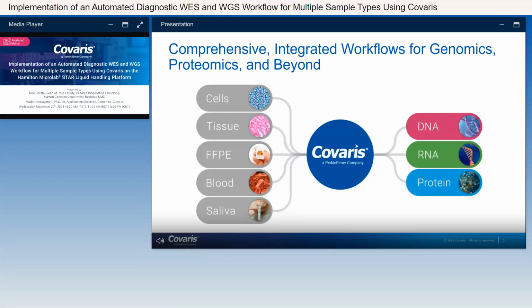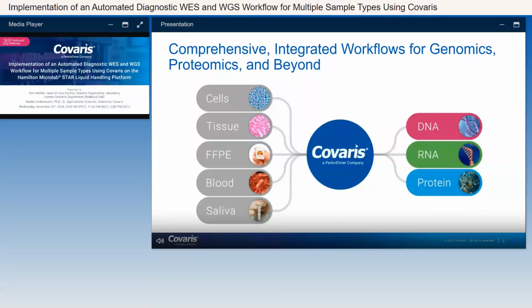Our technology enables highly efficient extraction and processing of biomolecules from a wide variety of sample types, such as you can see here on the left side: cells, fresh or frozen tissues, FFPE, blood, and saliva.